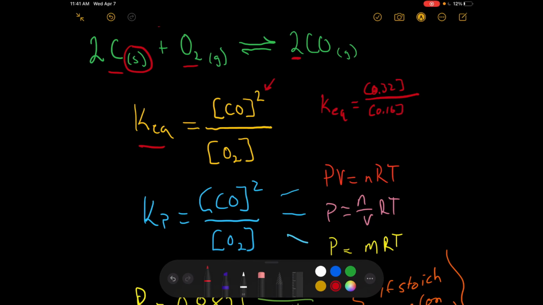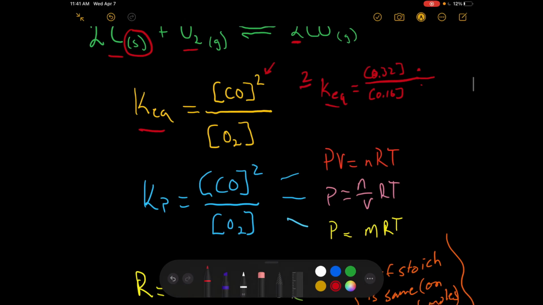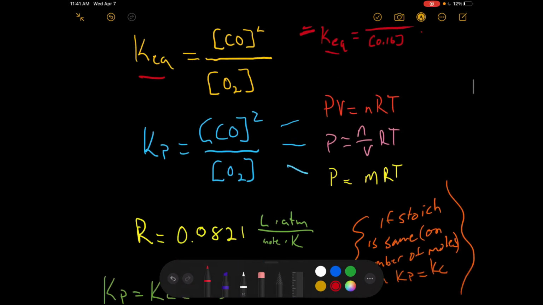To find KEQ, you would simply divide 0.32 by 0.16, which gives you 2. I'm not great at math, so let's just go with that. K would equal 2, and you would have your equilibrium constant at that point.